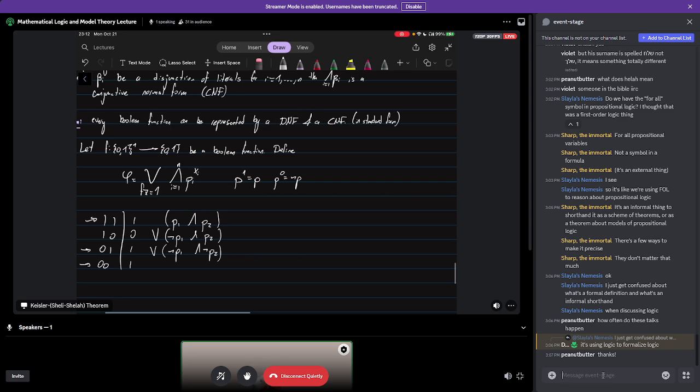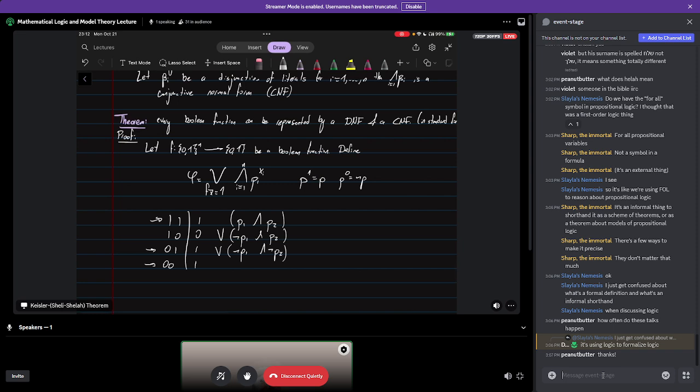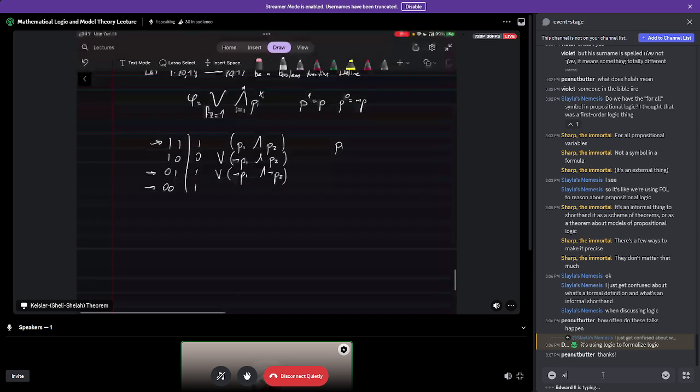So these are DNFs and CNFs in standard form, where the standard form means that all the conjunctions of the DNF or all the disjunctions of the CNF use the entirety of p1 through pn. So for example, p1 or (p1 and negation of p2) is not in standard form because the first conjunction does not use p2.